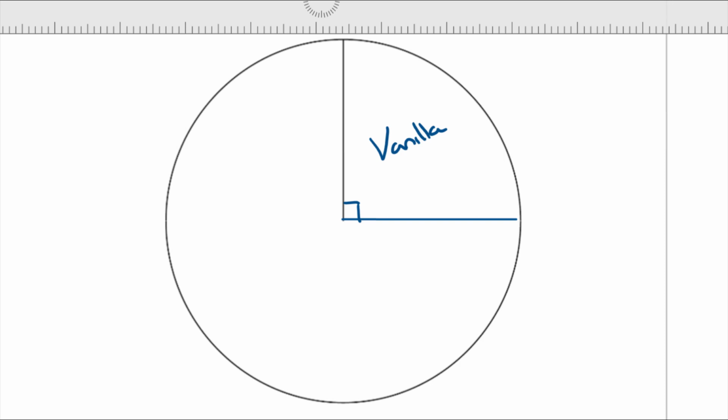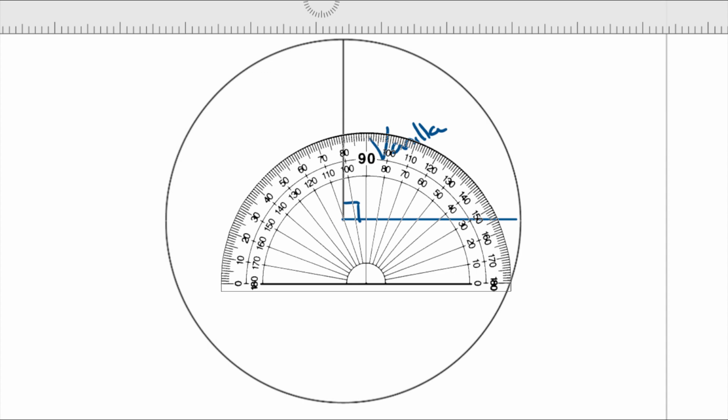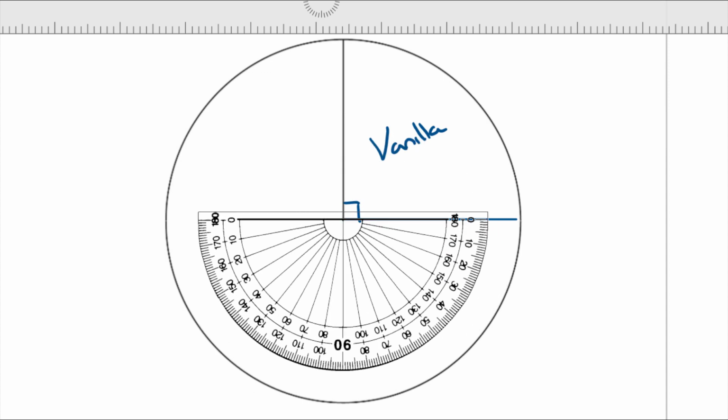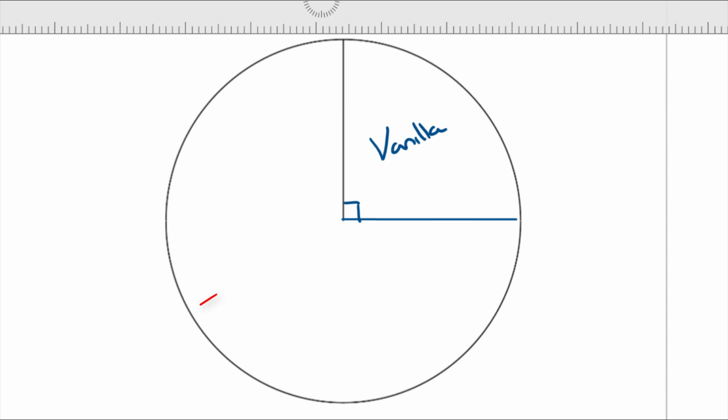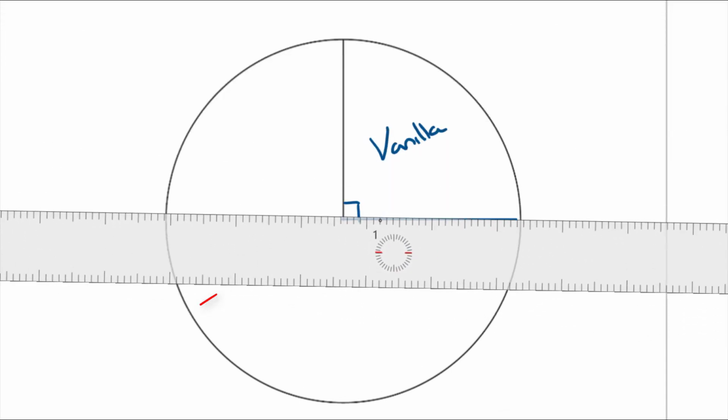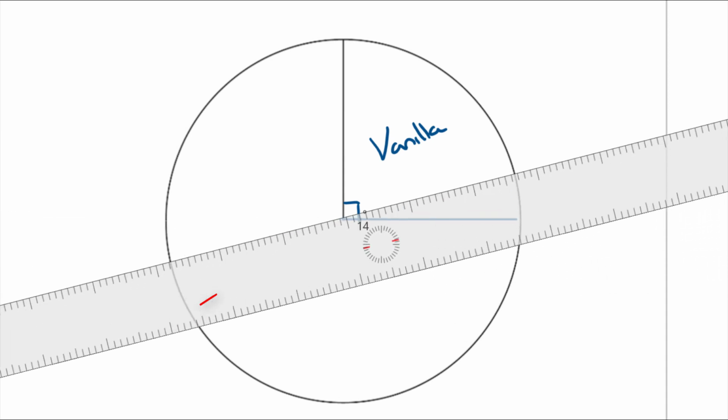Right, now the next angle we need to draw is 150. So again, we're going to take the protractor, but we're going to lay it on top of our newly drawn line, so the second vanilla line, and we're going to count around to 150. We're going to make a little mark, remove the protractor, and then join up the line that we made. Okay, so 150.